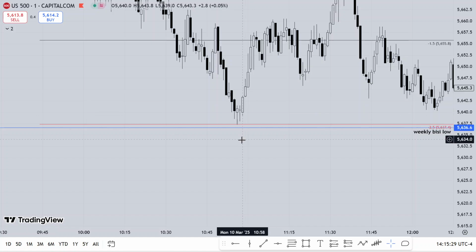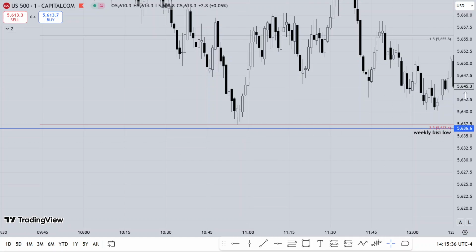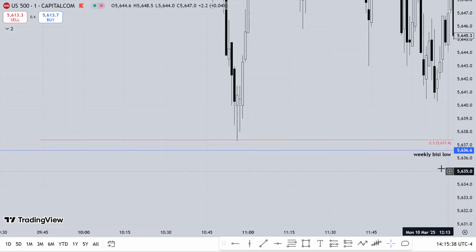As you can see, the low of this candle is resting at 5,637.3, and the standard deviation reading of this negative 2.5 is 5,637.4, which is close, I guess.